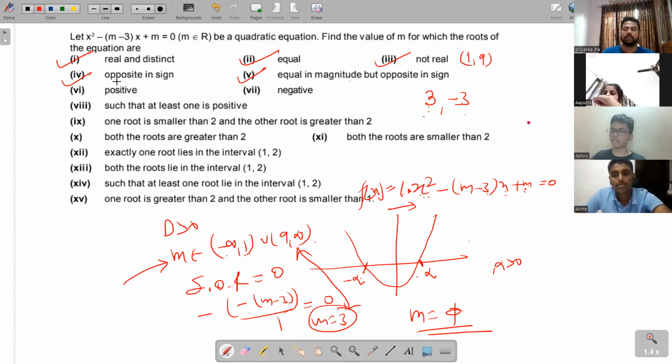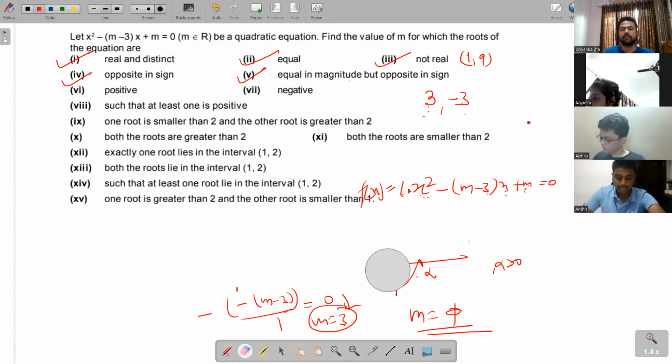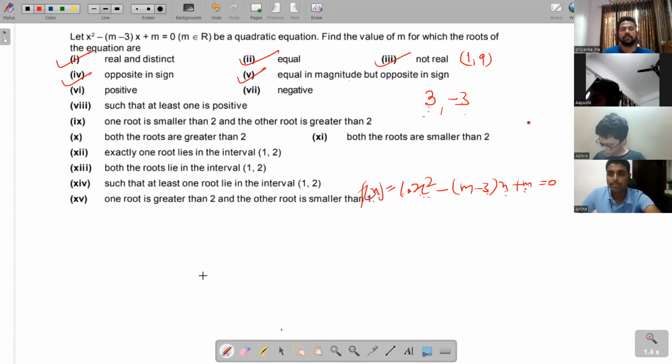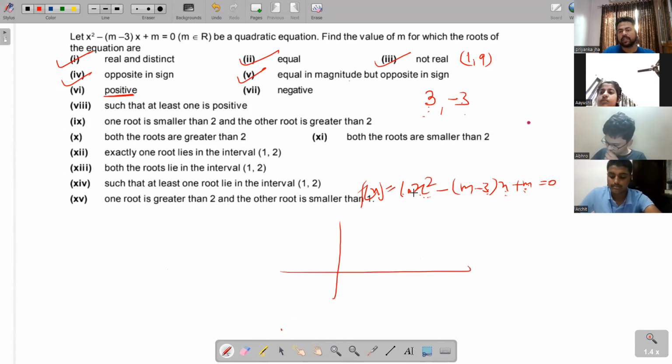So 9 to infinity, closed at 9, fine. Sir, then in the negative side it will be closed at 1 till minus infinity. No, see, roots have to be positive, right? So the leading coefficient is positive, so the graph can be either like this or this. There is no condition that roots will be distinct. So roots can be distinct and can be equal, but they have to be positive.